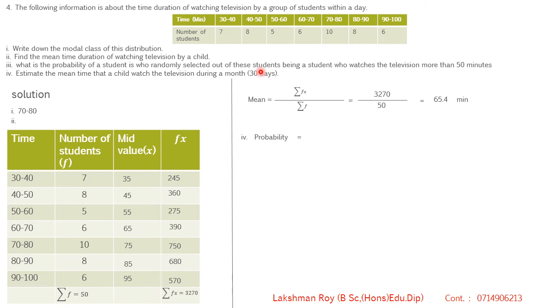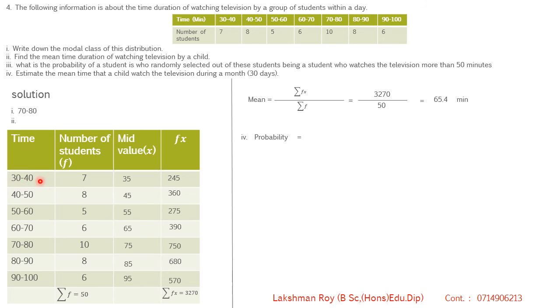Now you have to count how many watch television more than 50 minutes. So you can see here in the time column, more than 50 minutes.